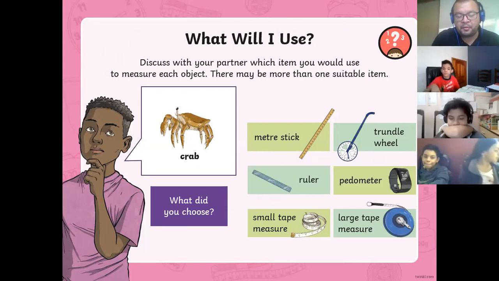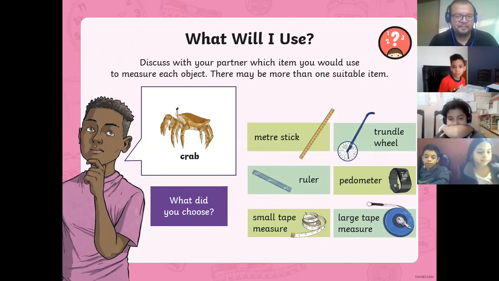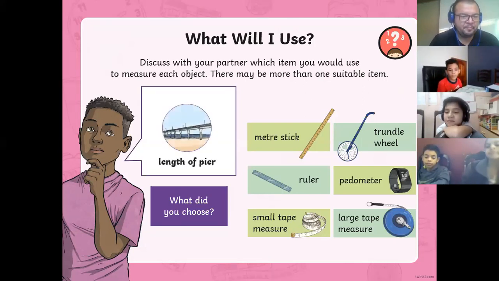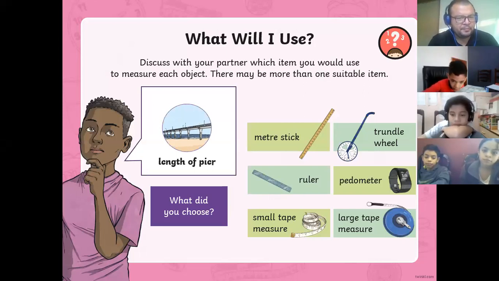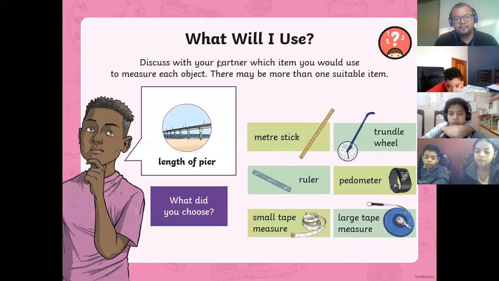Let's continue. You're going to use a ruler, right? To measure a crab. What are you going to use to measure the length of a pier? Large tape measure. Could be a large tape measure. Pedometer. A pedometer.